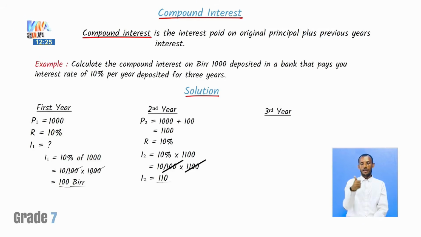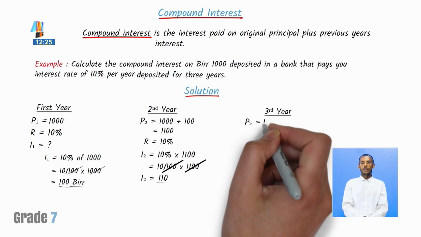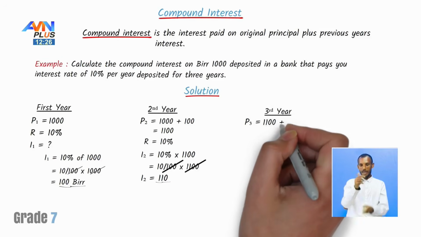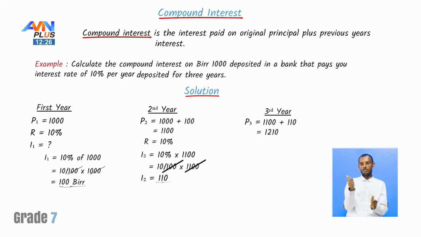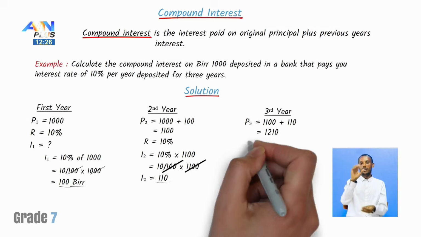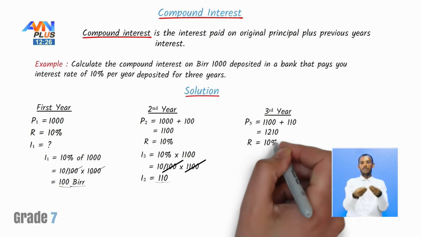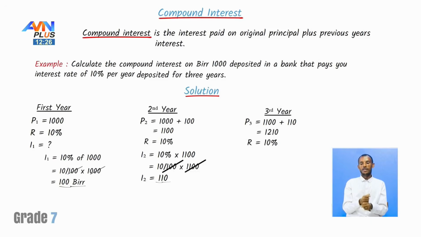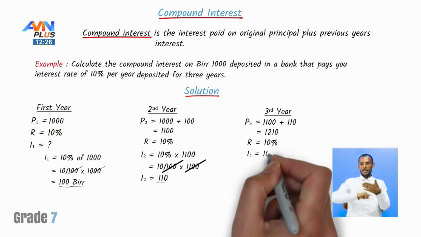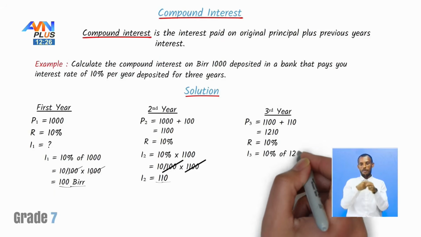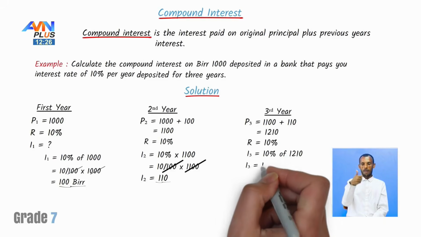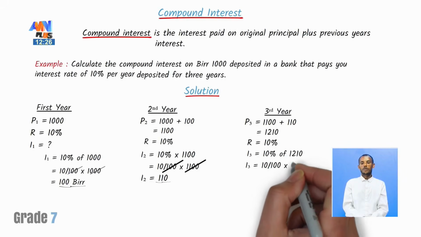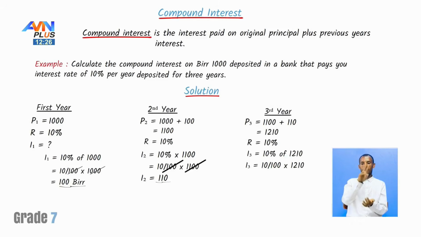Now let's proceed. For the third year, the money that gives you an interest is not only 1,100. On this money, you have earned an interest of 110. Together, these two give you the principal for the third year, which is 1,100 plus 110, that is 1,210.